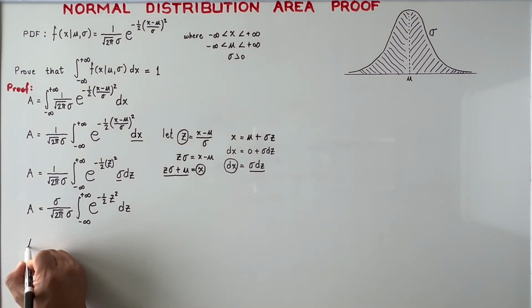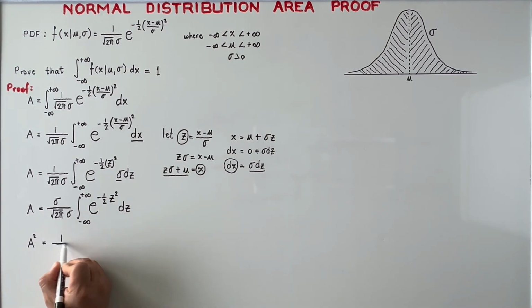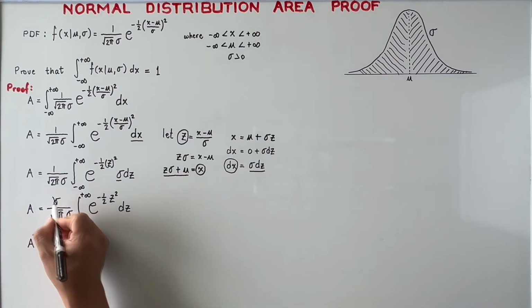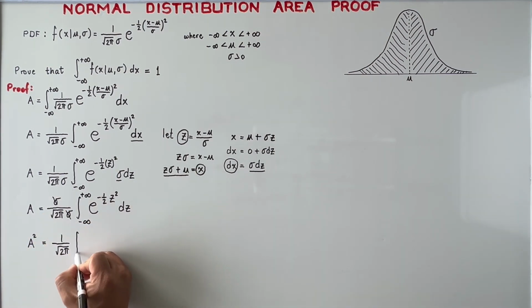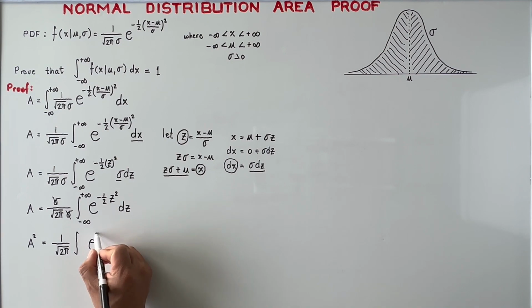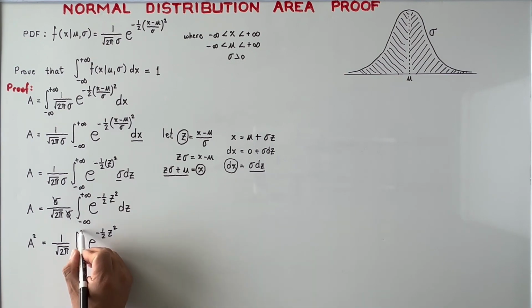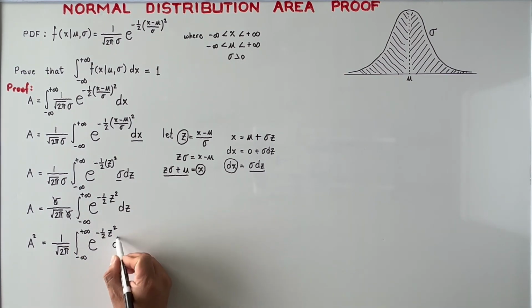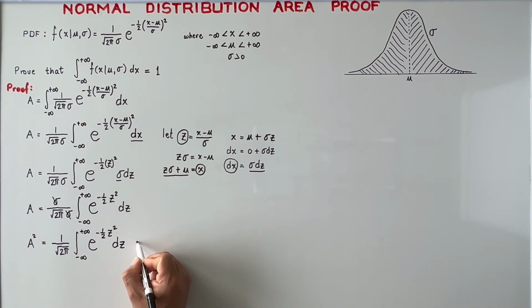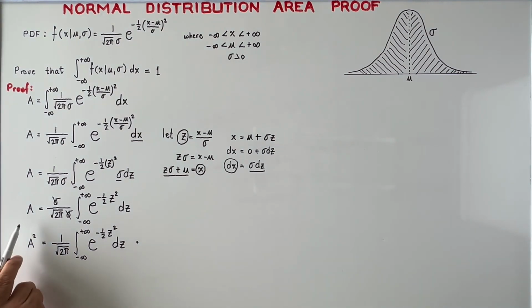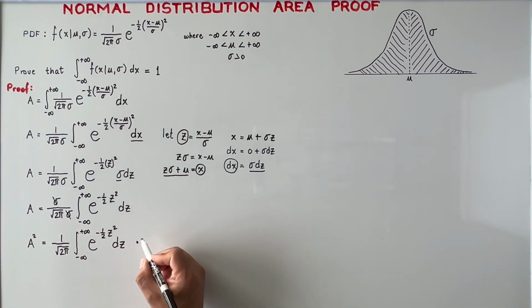Now, squaring our area, we have 1 over the square root of 2 pi, because the sigma cancels each other, times the integral of e to the power negative 1/2 of z squared from negative infinity to positive infinity dz, times the same quantity because we are squaring both sides of the equation.